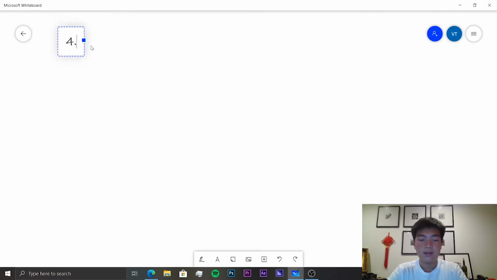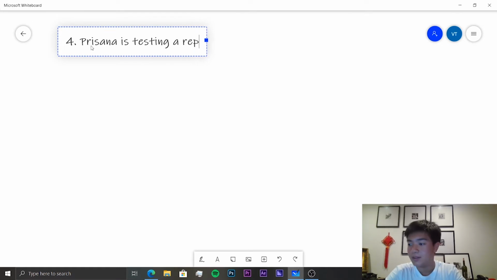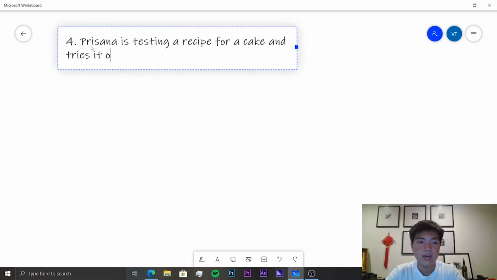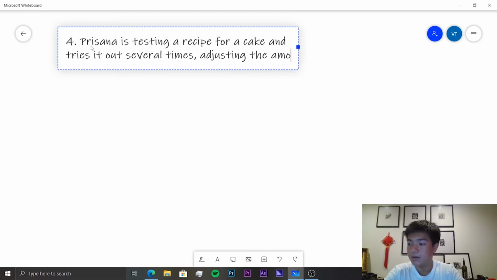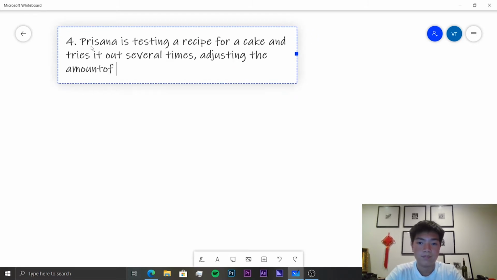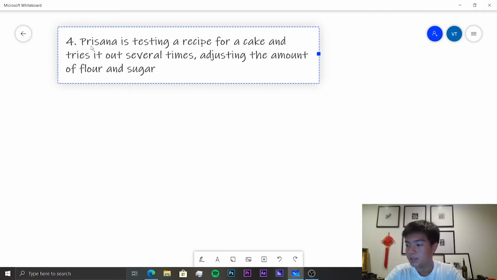So we have the fourth question. Prisana is testing a recipe for a cake and tries it out several times, adjusting the amount of flour and sugar used each time.